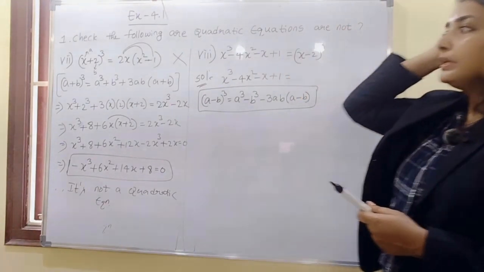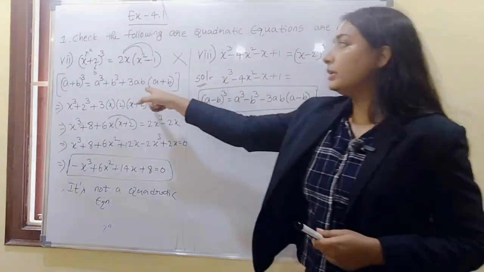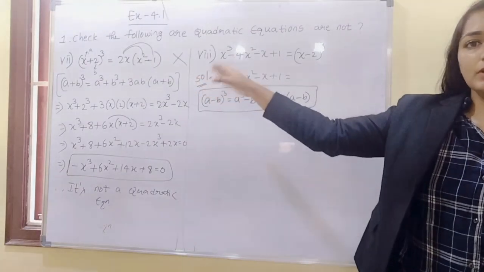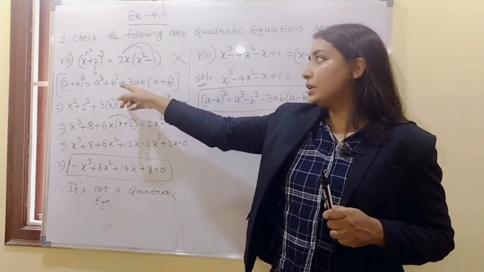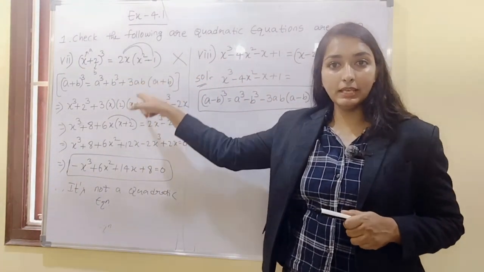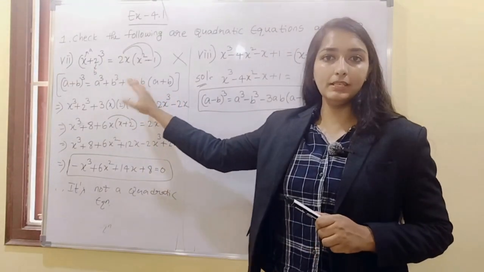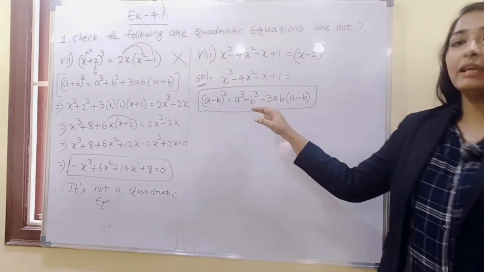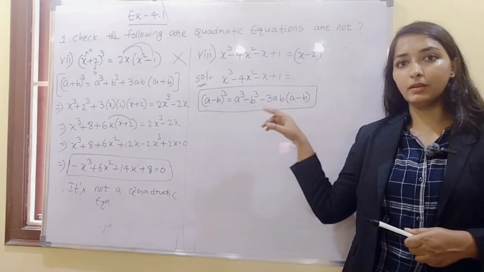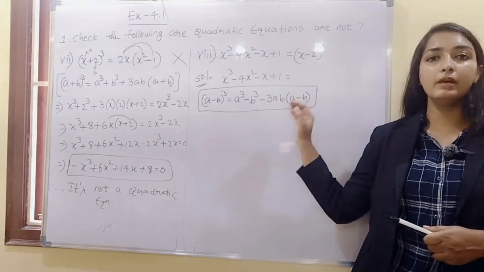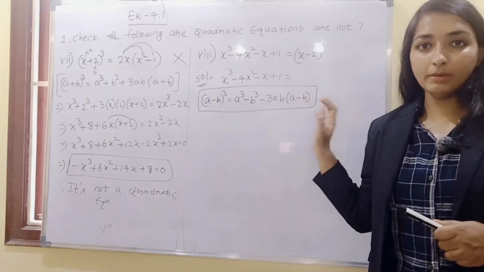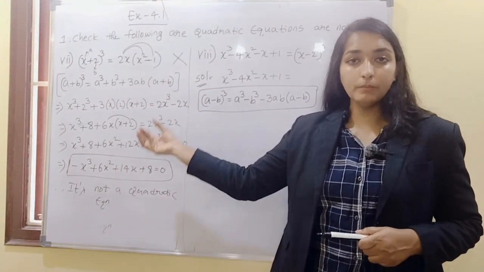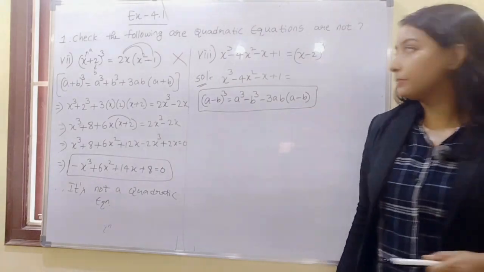So here, (a plus b) whole cube formula and this is the (a minus b) whole cube formula. (a plus b) whole cube is equal to a cube plus b cube plus 3ab into (a plus b). All plus symbols will come. Coming to (a minus b) whole cube, all minus signs will come: a cube minus b cube minus 3ab into (a minus b). Is it clear? So remember the (a plus b) whole cube and (a minus b) whole cube formulas.